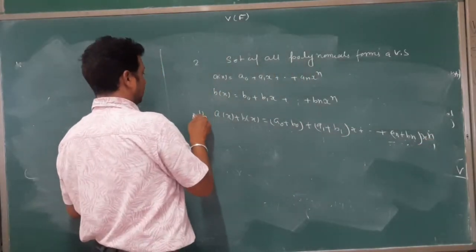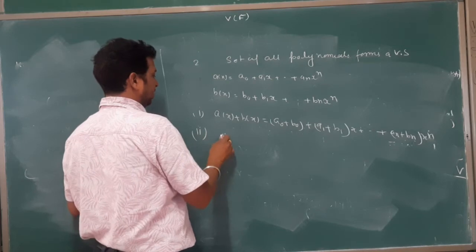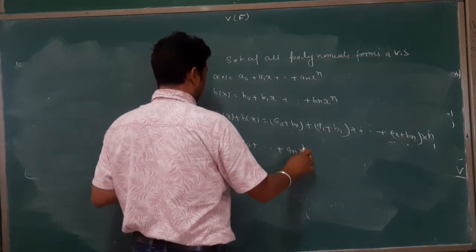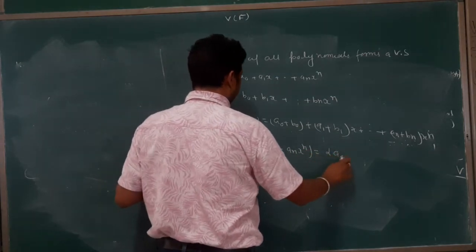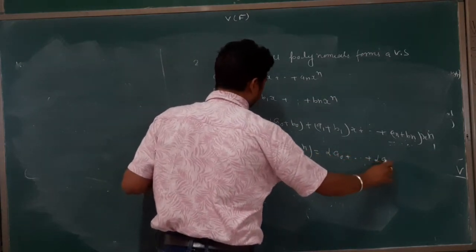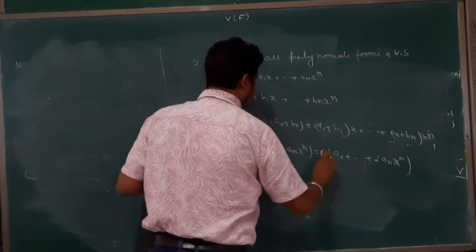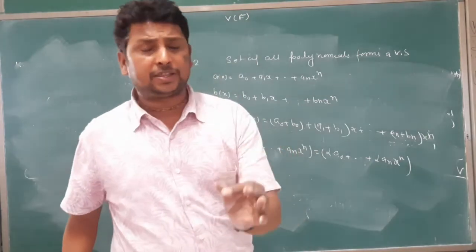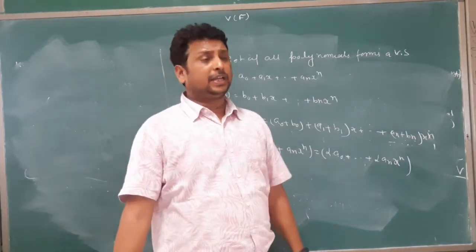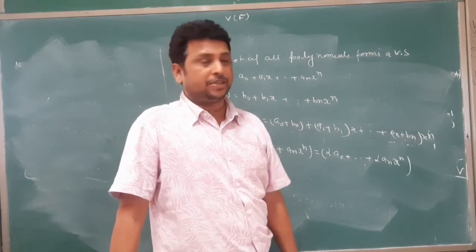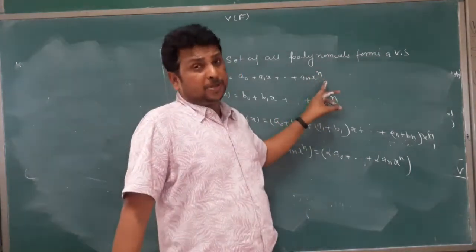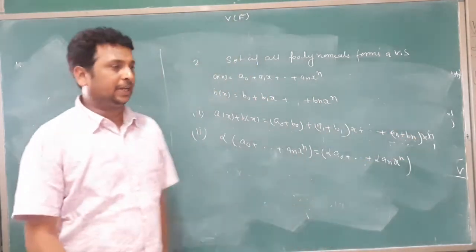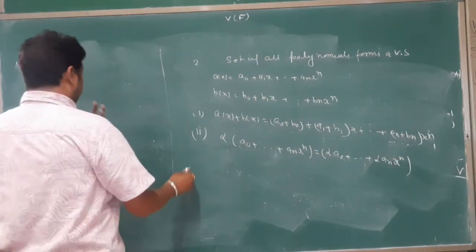And second, scalar multiplication: alpha of a(x) is alpha a0 plus alpha a1 x plus ... plus alpha an x to the power n. With these two operations, the set of polynomials always satisfies all 8 properties. That's why it's called a vector space. Here the degree need not be the same; it is the set of all polynomials of whatever degree they have, but it forms a vector space.